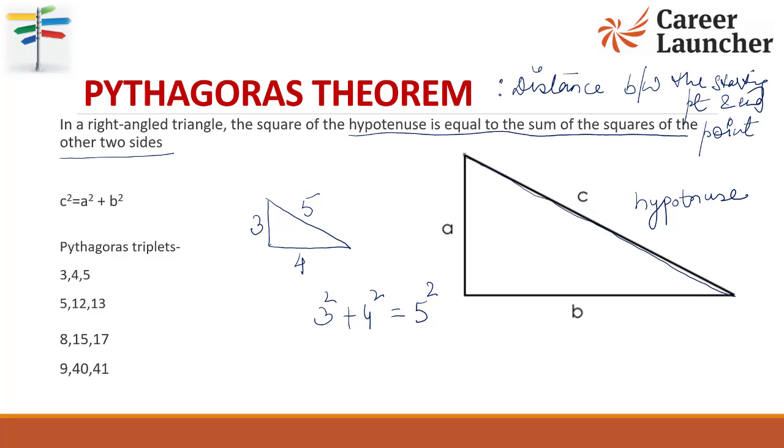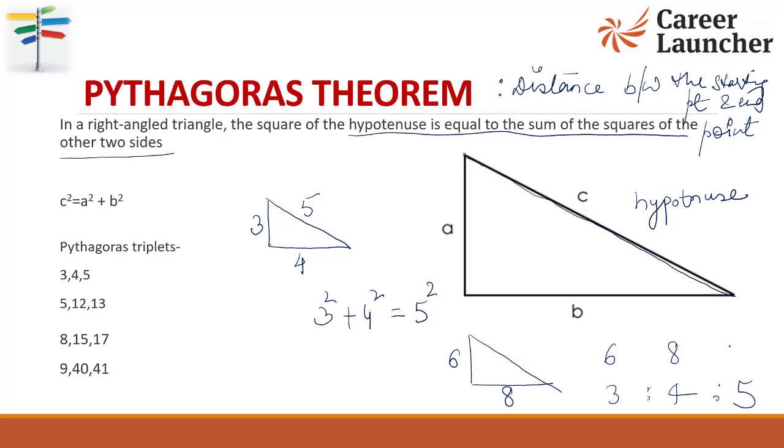Let's say in a triangle we see one side is 6 and the other side is 8. Now 6 and 8, if we look closely, are in the ratio 3 is to 4. And if I know this is a right angle triangle and two sides are in the ratio 3 and 4, the third side has to be in the ratio of 5.